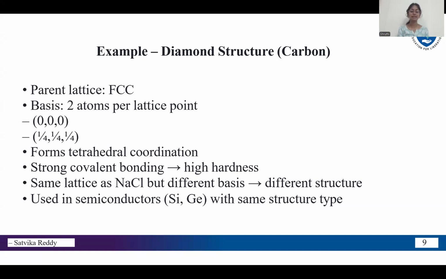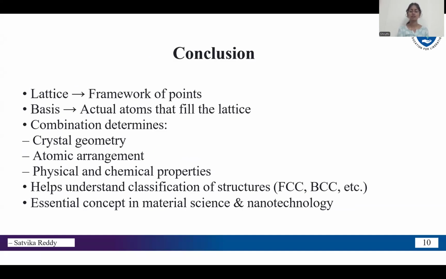Same lattice as NaCl but different basis, different structure. It is used in semiconductors, silicon and germanium having the same structure type. Also the same FCC lattice with a different basis gives a completely different structure.